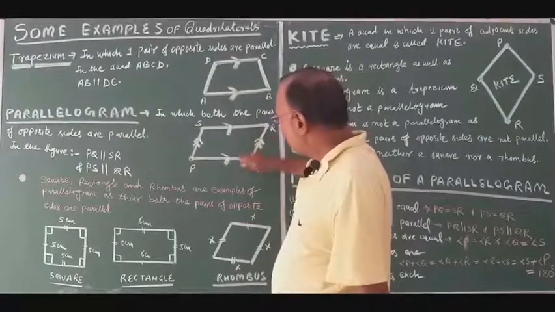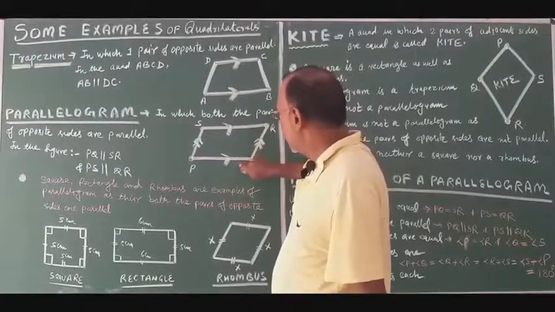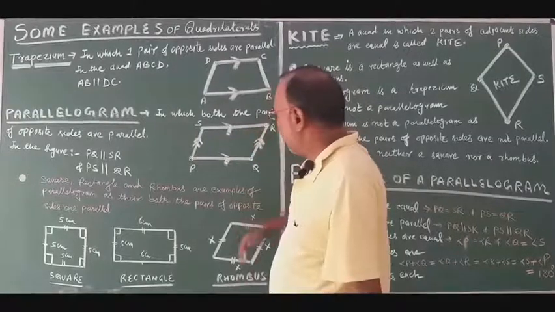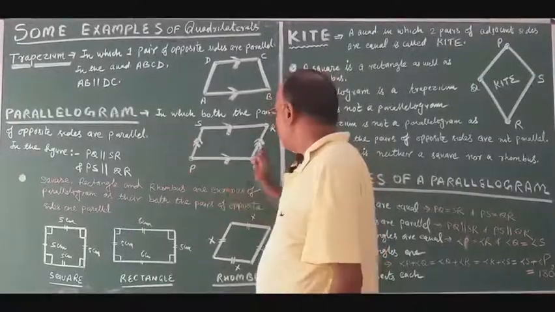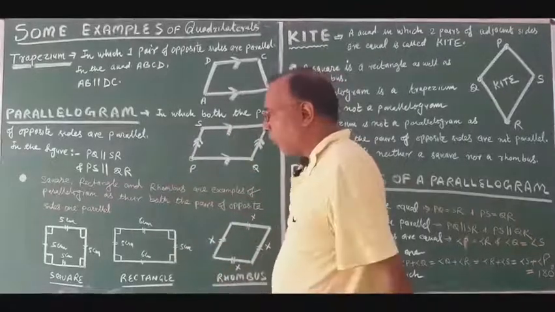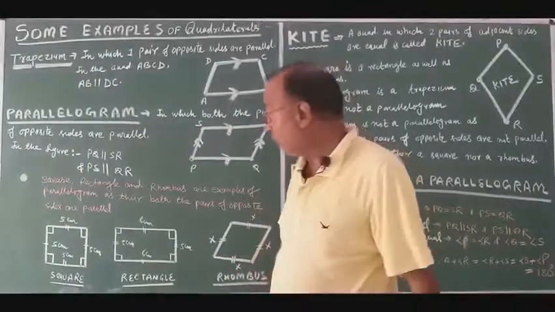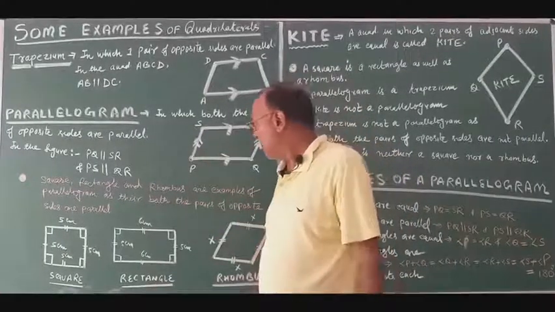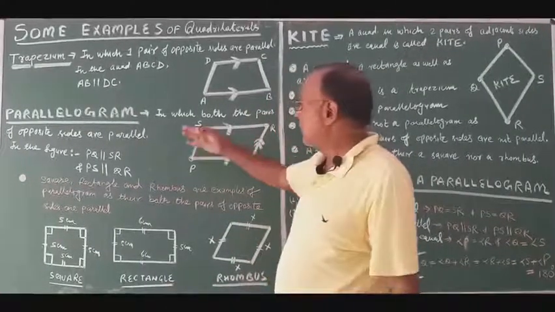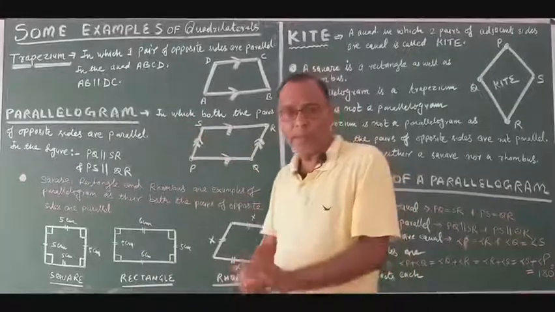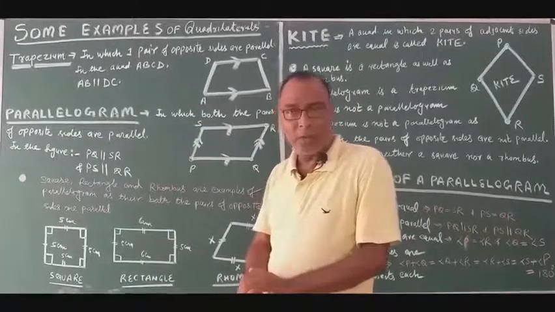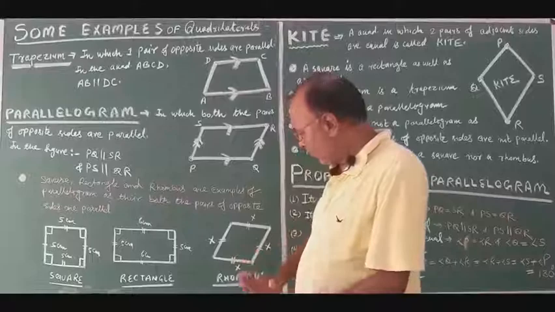Both the pairs of opposite sides, PQ parallel to SR and PS parallel to QR, are parallel. Therefore, this given quadrilateral PQRS is a parallelogram.